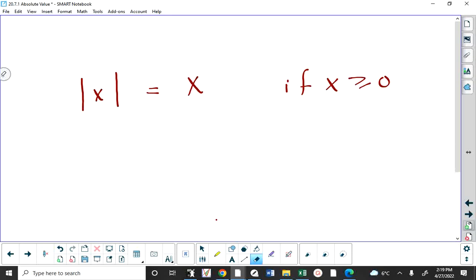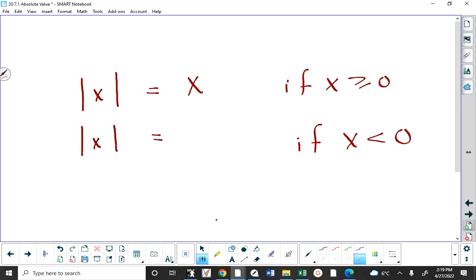Now, this is where it gets tricky. If x is negative, then what would the absolute value of x be? This is very tricky. Sasha. It would be negative x. And some of you might say, that's excellent. Some of you might say, yeah, but the absolute value is supposed to be positive. Negative x will be positive if x is negative.